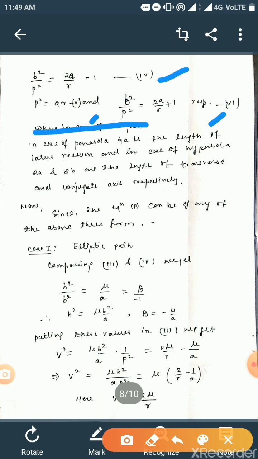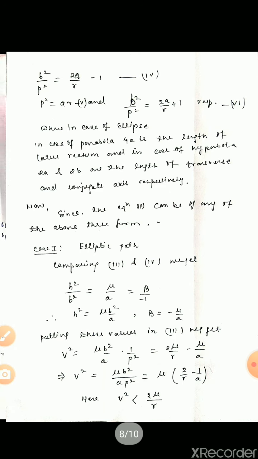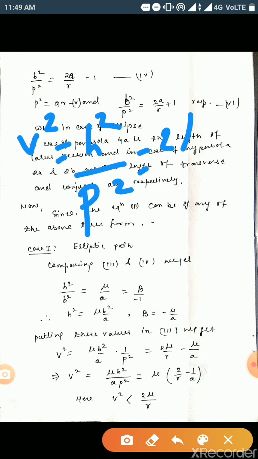Since equation 3 can be of any of the three forms, what is equation 3? Equation 3 is v square equals h square by p square equals 2 mu divided by r plus b.